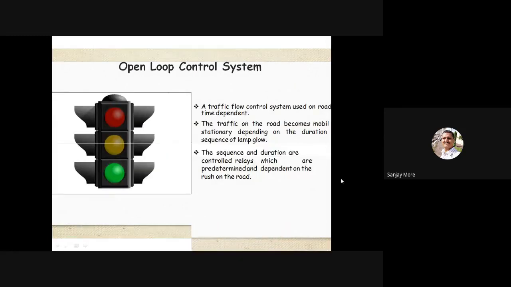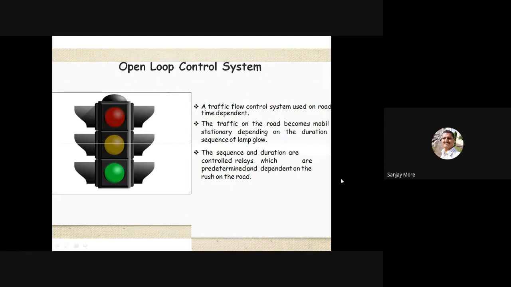And see another example, the traffic signal. This is an example of open loop control system. In a traffic signal, the green, yellow, and red lights are switched on and off at a predefined or definite time. A traffic flow control system is road independent. The traffic on the road becomes mobile or stationary depending on the duration or sequence of the lamp flow.